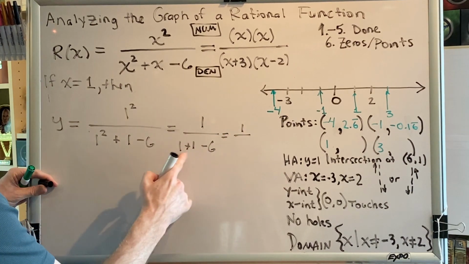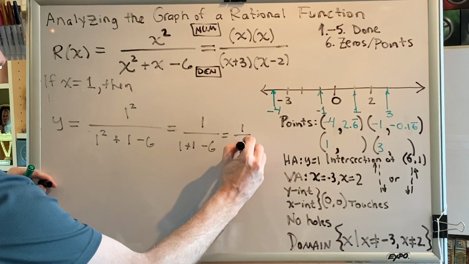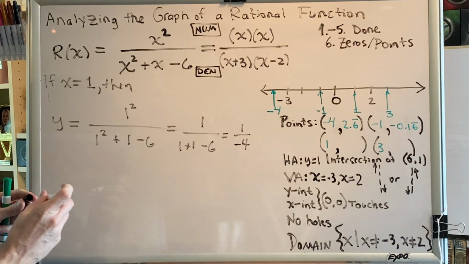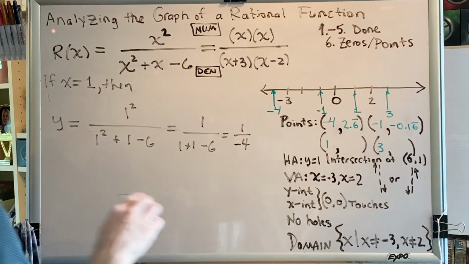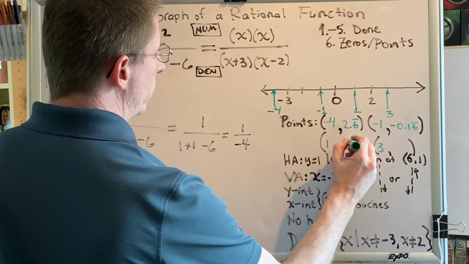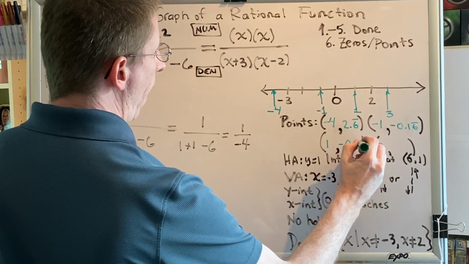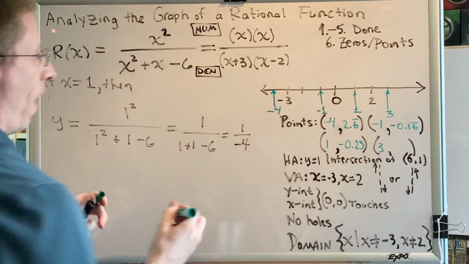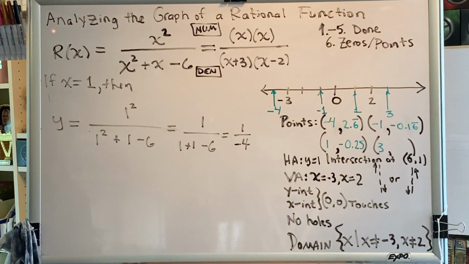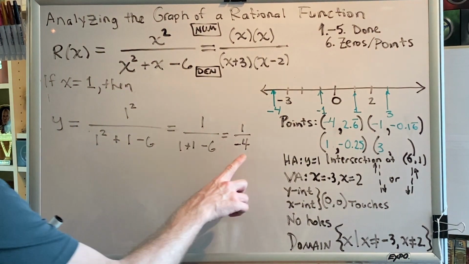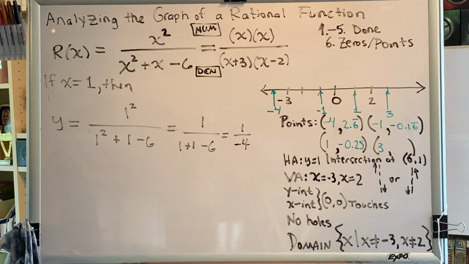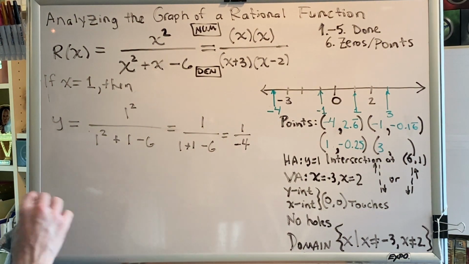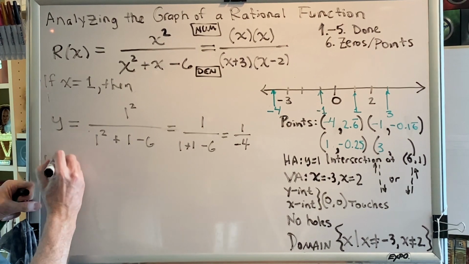So we get 1 over, 1 plus 1 is 2, minus 6 is -4. So -1/4, which when we use our calculator is the decimal -0.25. There's no bar over the 5. This is not a repeating decimal. This is a terminating decimal. The calculator shows the exact value, -0.25.